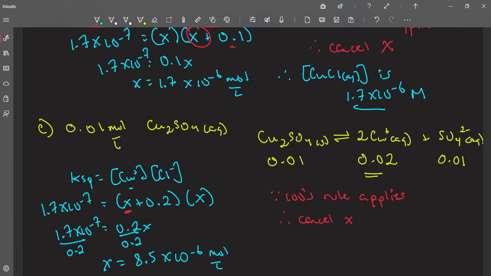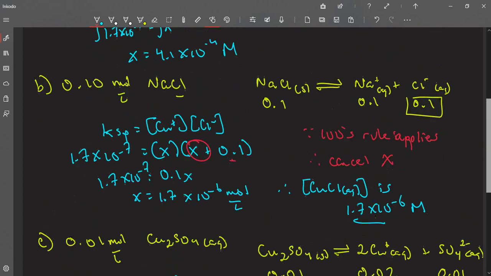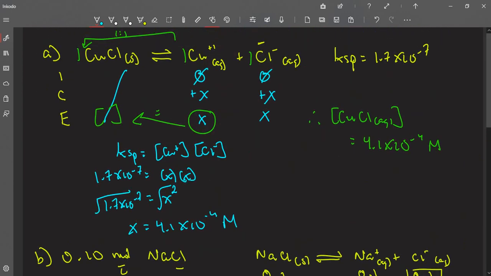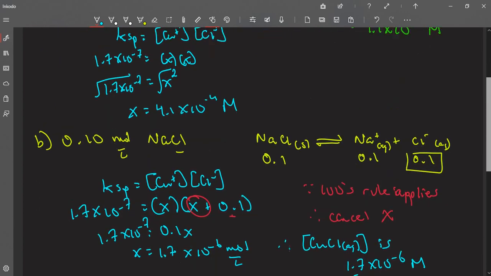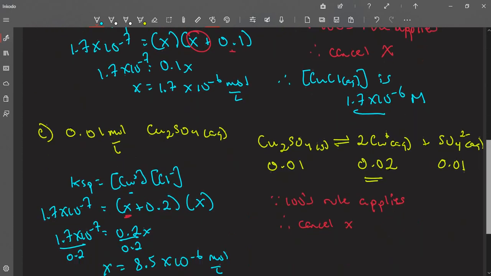Good, and going back to the original ice table, again, it's a 1-to-1 ratio. We know what X is. We therefore know what the molar solubility of copper 1 chloride is.